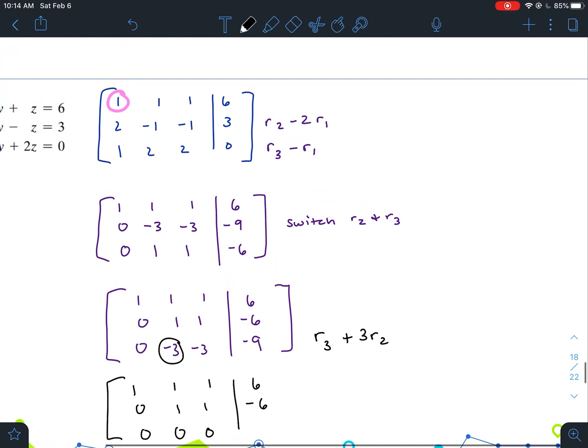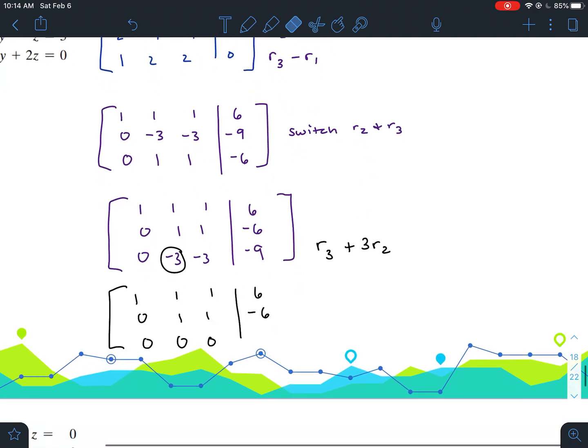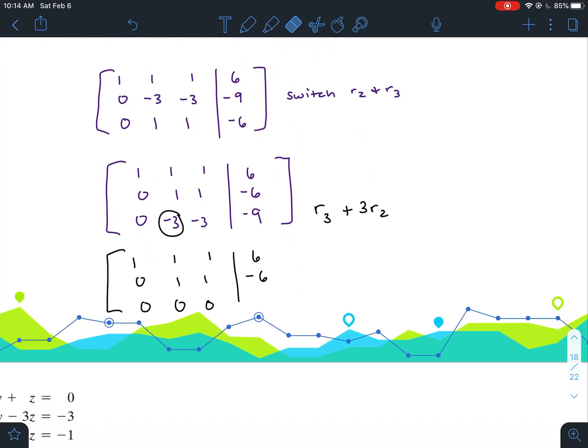I switched. Are all of those right? Row 3 minus row 1. Row 2. That's where I made my mistake. So row 2 minus 2 times row 1, negative 12. 3 minus 12. Nope, that's negative 9. That's right.